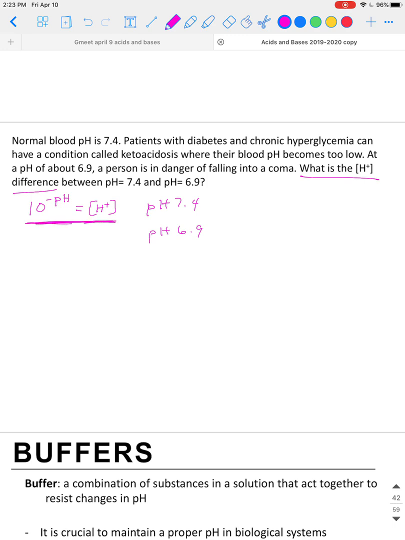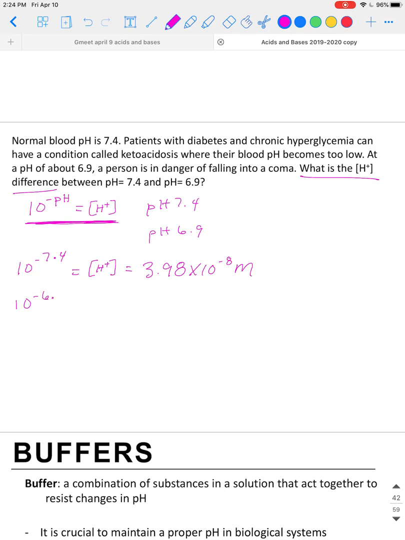Let's plug in 7.4 first. 10 to the negative 7.4 gives us an H plus concentration of 3.98 times 10 to the minus 8 molar. That's what I got, at least.